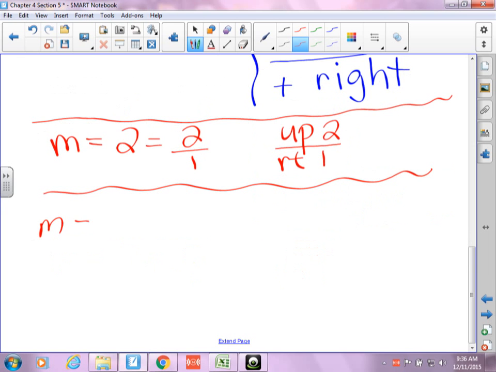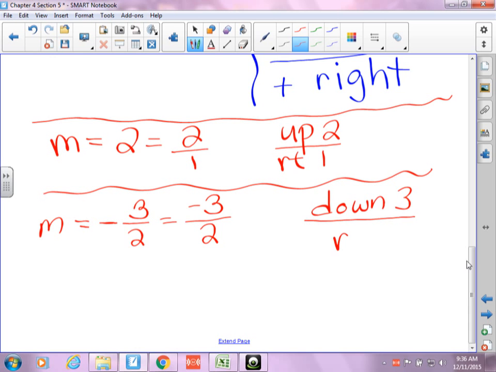If my m has a negative out front and I go 3 over 2, sometimes that happens. This is what you're going to do with it: I'm going to make my numerator negative and leave my denominator as a positive. Because my numerator is negative, I'm going to move down 3 and move right 2.